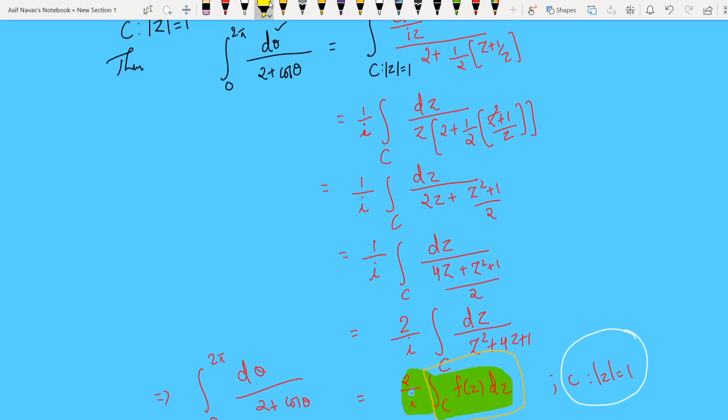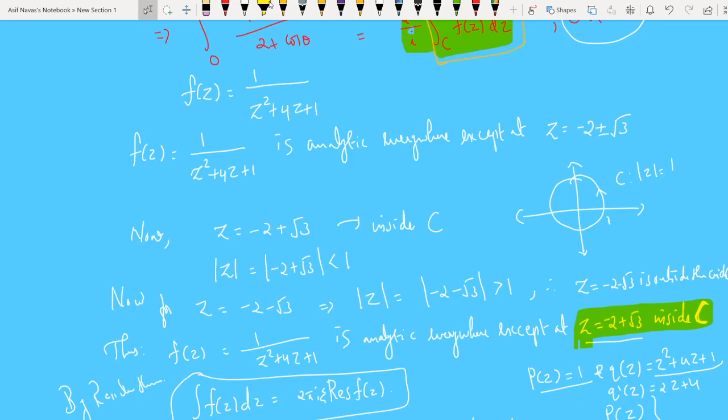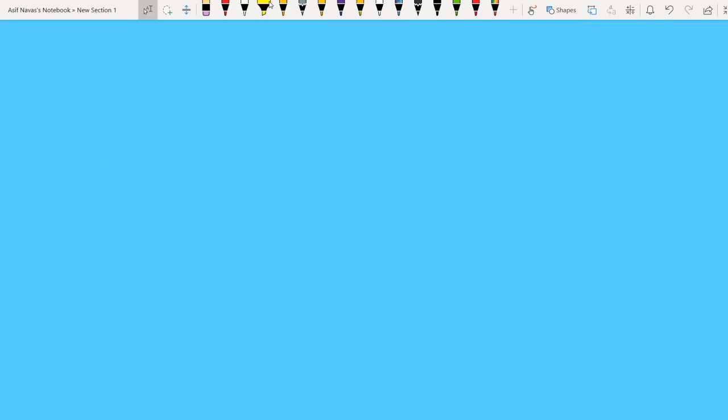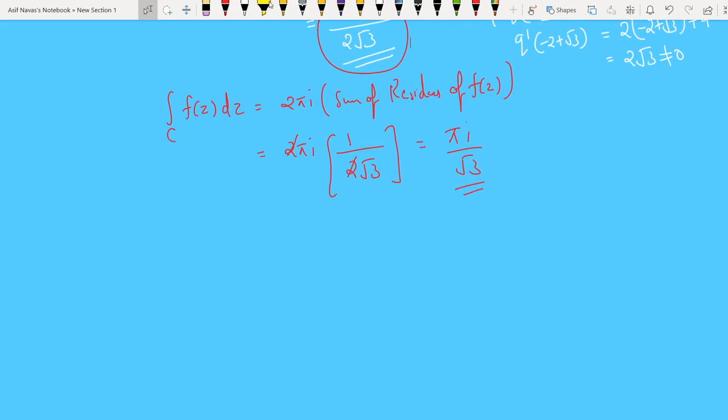So therefore this is our final answer. We have to calculate this integral from 0 to 2 pi d theta divided by 2 plus cos theta, which we already know is 2 by I integral over C f of z dz.